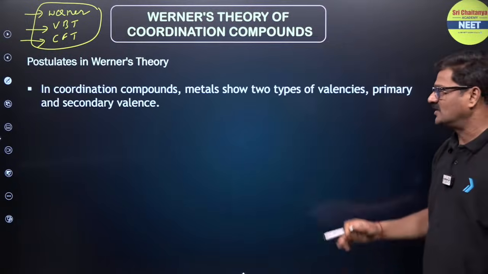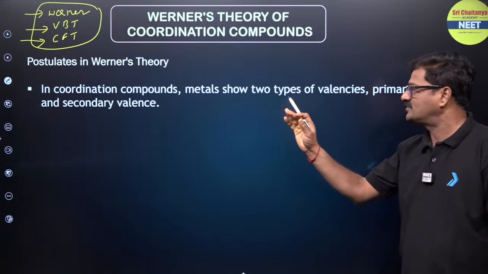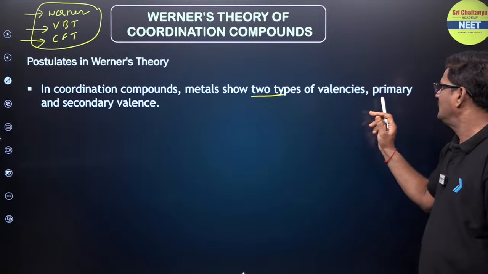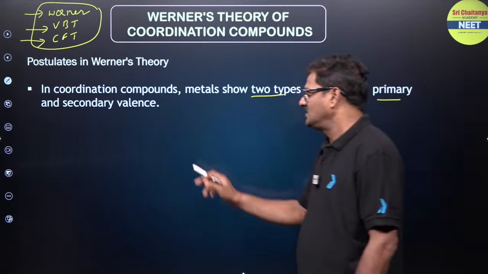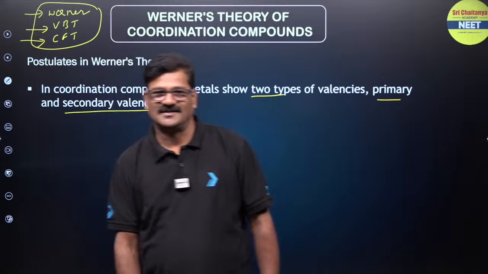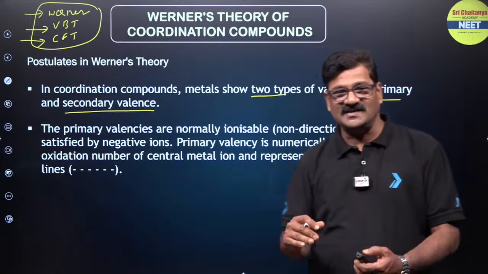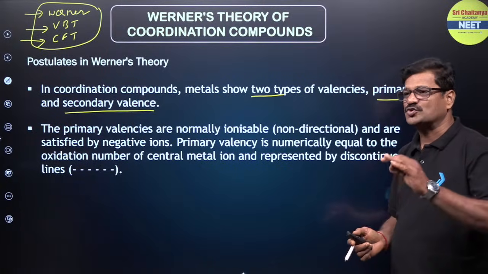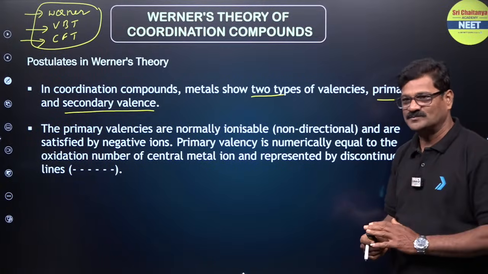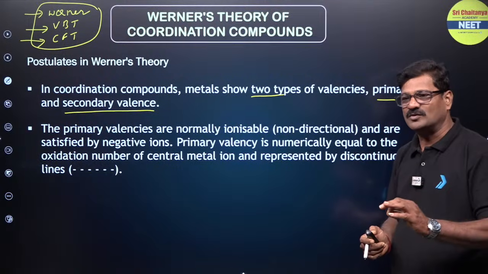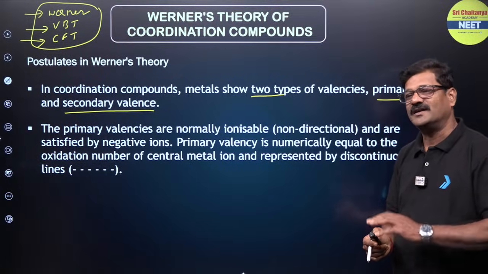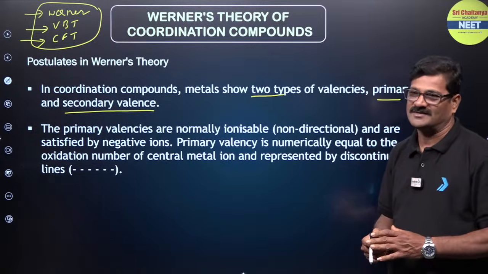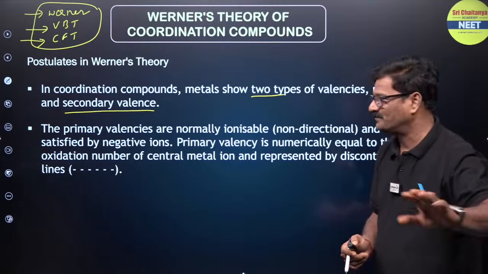Postulates of Werner's theory. In coordination compounds, the metal shows two types of valencies: primary valency and secondary valency. Primary valency is ionizable valency, equal to the oxidation state, and satisfied by counter ions. It has no direction.